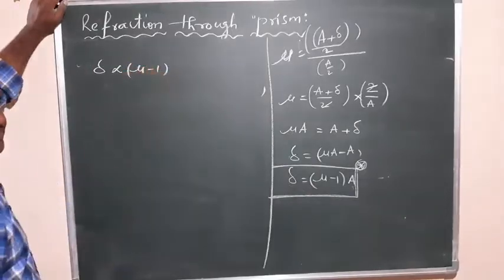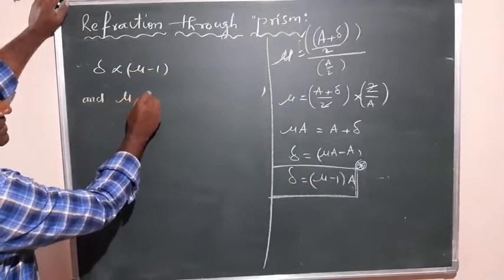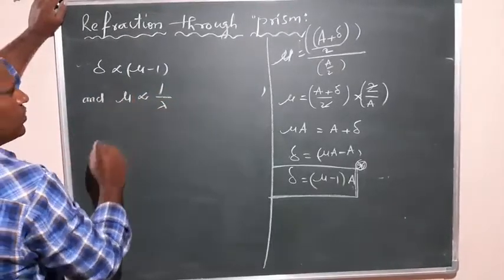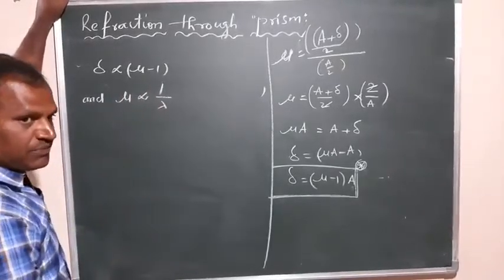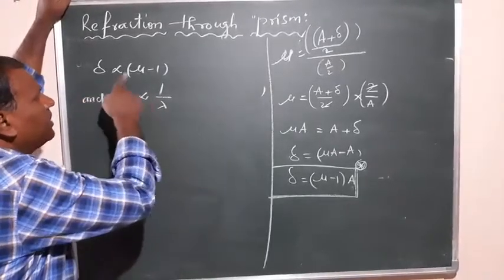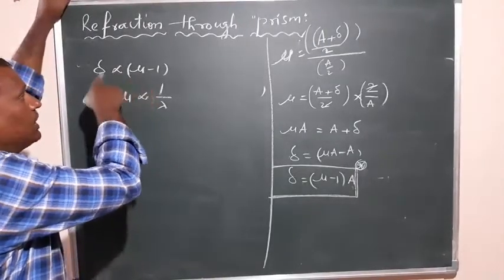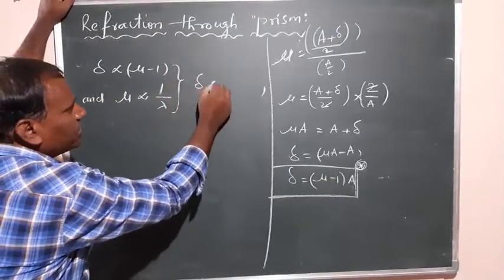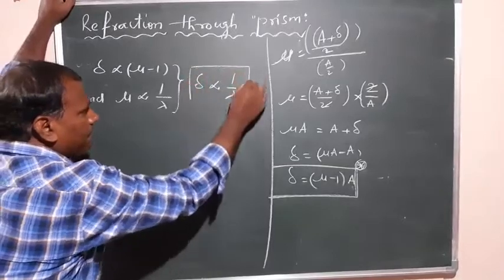Also, refractive index is proportional to 1 upon wavelength. So refractive index is inversely proportional to wavelength, while deviation is directly proportional to refractive index. So using these two, we can say that deviation is also inversely proportional to wavelength.